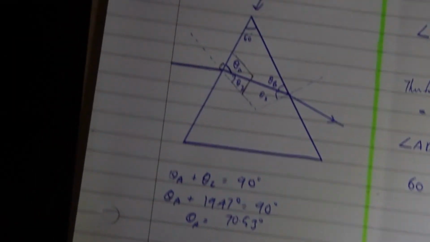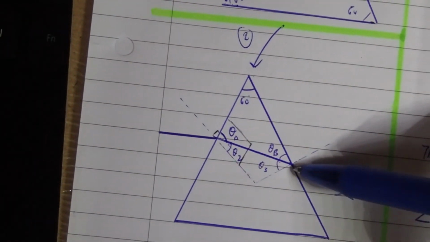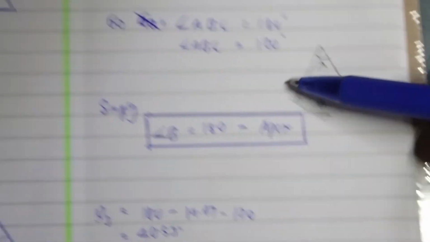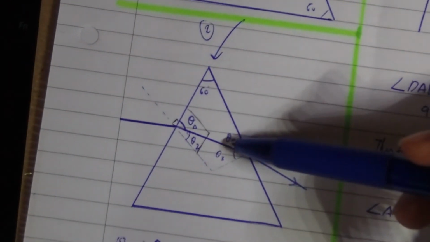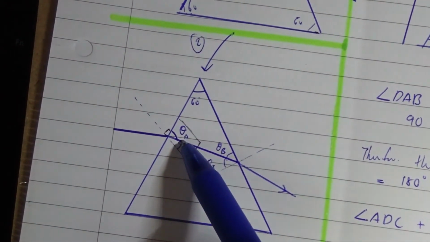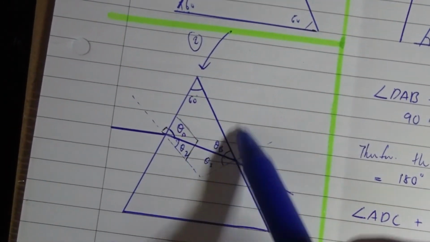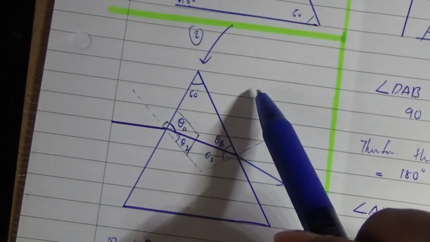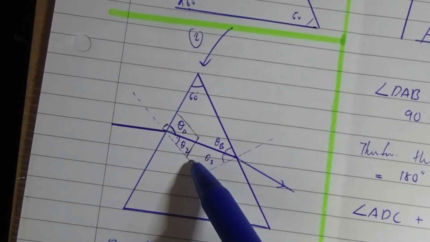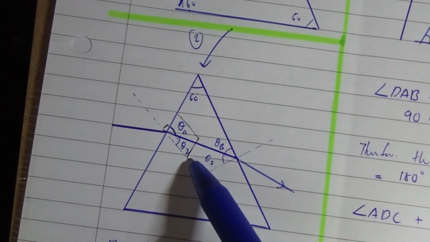Another way of finding theta 3 is by looking at this triangle. Instead of looking at the inside triangle, we are looking at the upper triangle here. Let's say I make this theta A and the next angle is theta B. The sum of all angles inside this triangle is 180 degree. In order for us to find theta A, we know that from the surface to the normal line is 90 degree.